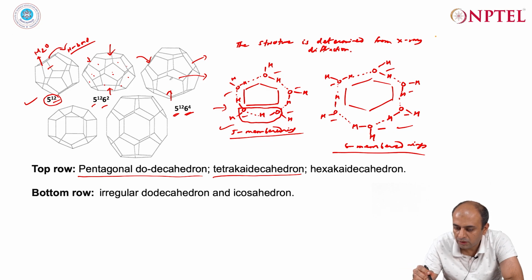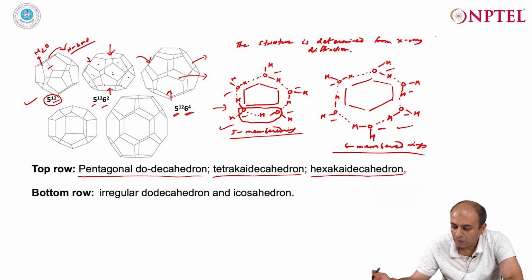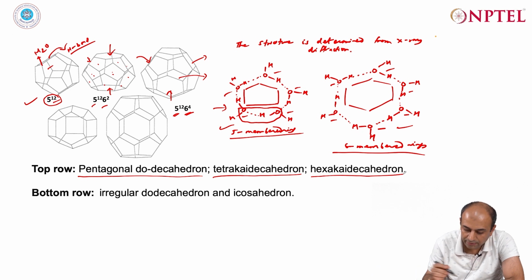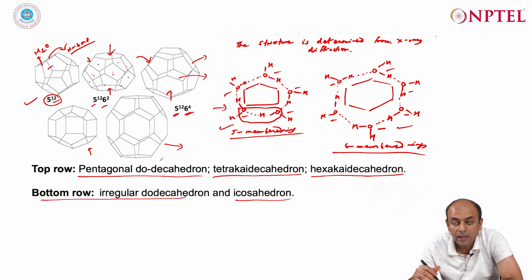So there are 4 such 6-membered rings and the remaining 12 5-membered rings are also present. This leads to the formation of a hexadecahedron. That means the total number of fused rings is now 16, and the bottom row represents an irregular dodecahedron, that is this one, and we have the famous icosahedron or the icosahedral structure also, which can be present in the structure of different gas hydrates.